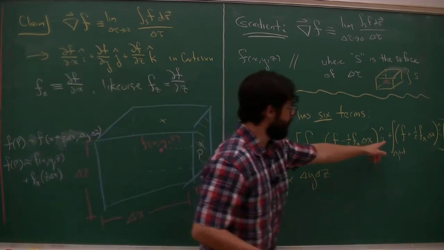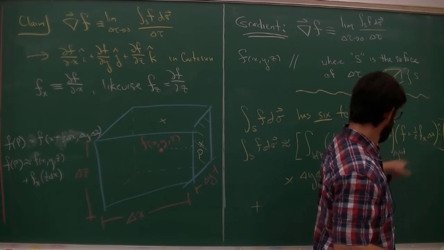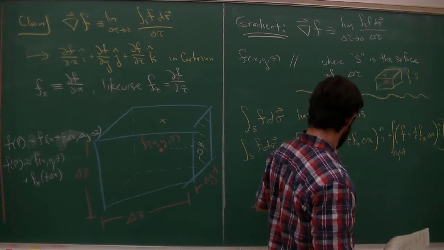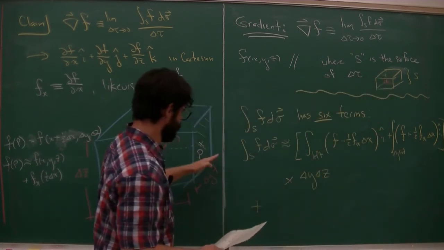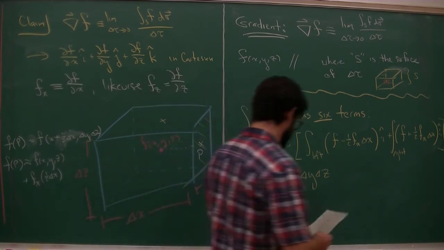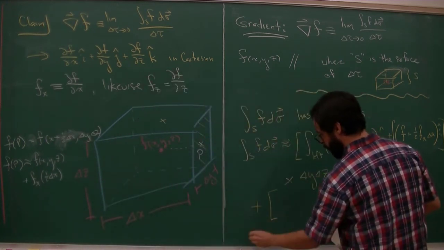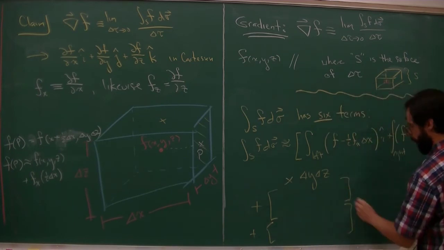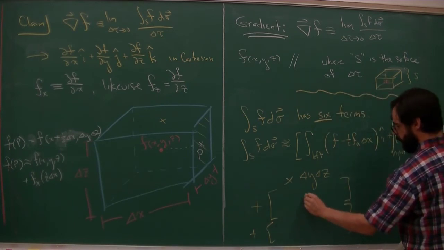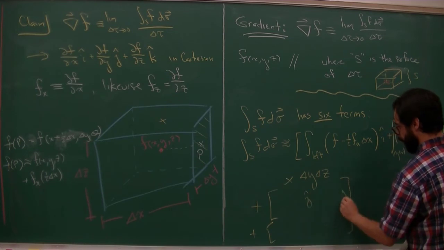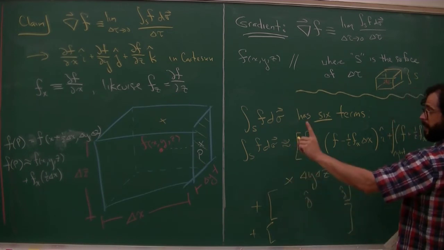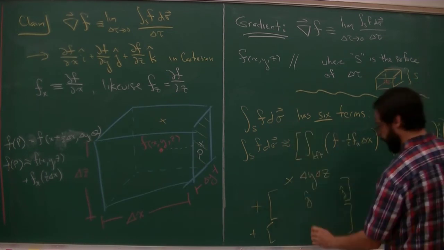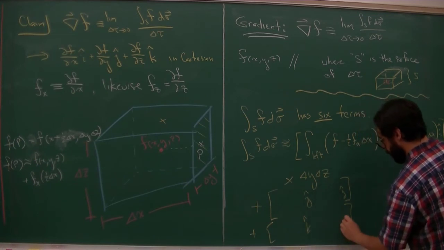The right, we moved this function over and then multiplied by the area. So this is the area delta y delta z, delta y delta z. We're going to have 2 more panels of these terms. They're going to be j hat. So that would be the front and the back, and then k hat.